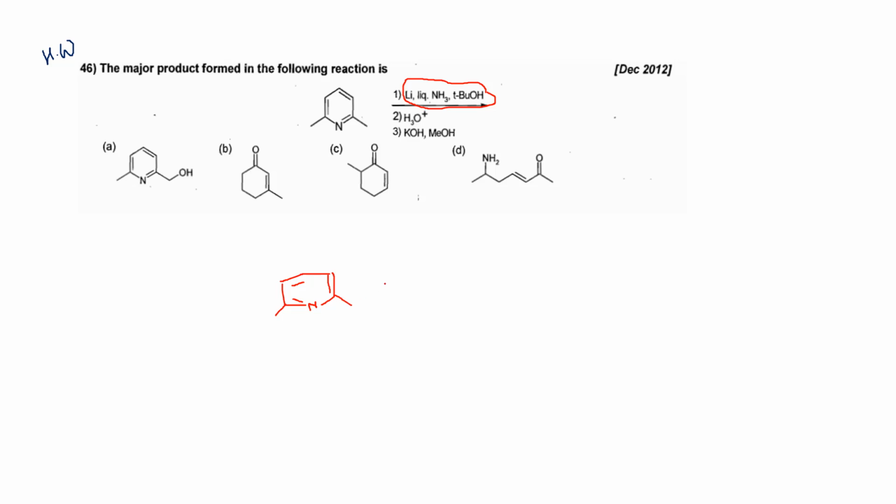In case of pyridine, the nitrogen is trivalent. This nitrogen already has 3 bonds in it, so it will not show any plus R effect in this ring. The ring is already aromatic without the involvement of this nitrogen lone pair.